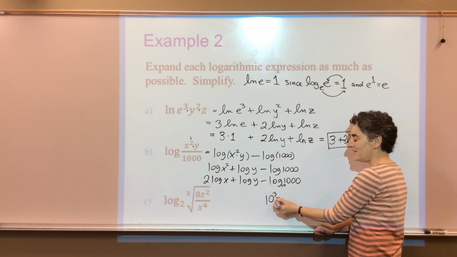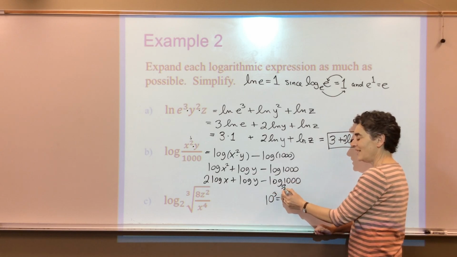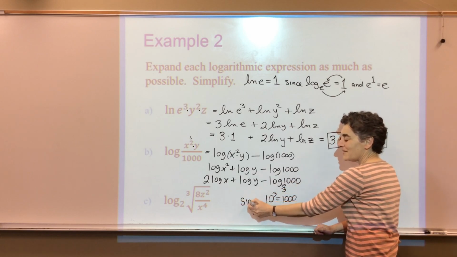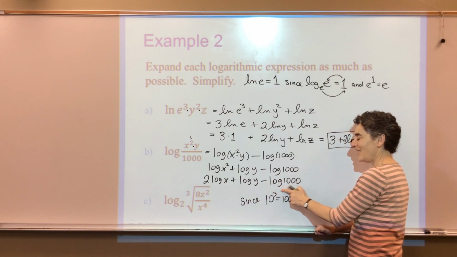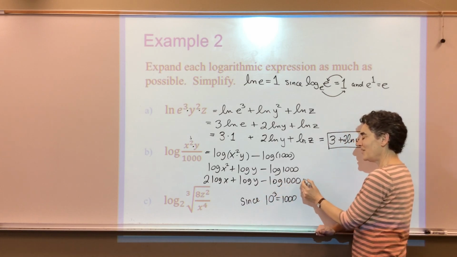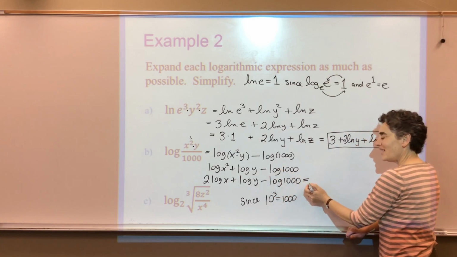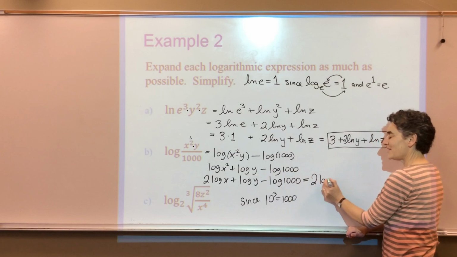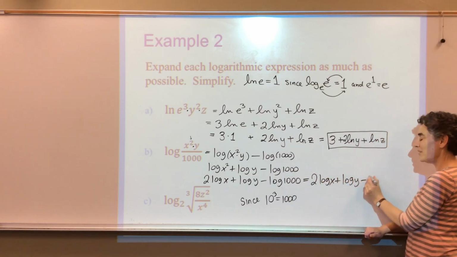So since 10 to the third is 1,000, this number is actually equal to 3. So this whole logarithm, I'm getting a little busy here. Let's just say this logarithm equals 3, and I'll just rewrite it over here. Since 10 to the third is 1,000, we have 2 log of x plus log of y minus the number 3.